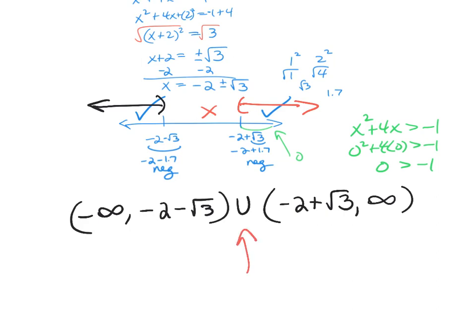What this U represents is we're taking the far left side, the less than part of it, and putting it together with the far right side, which is the greater than. Because again, remember, when you square root a number, we have to take into consideration both the positive and the negative number. So that's why I have 2 pieces to my answer here.